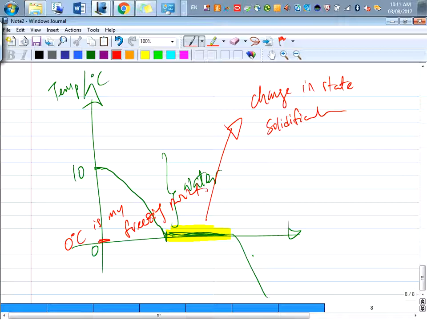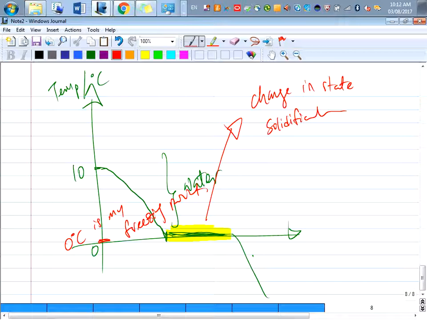Okay? So, can you tell me what is the freezing point of water? 0 what? 0 degrees Celsius. Can you tell me what is the melting point of ice? 0 degrees Celsius.